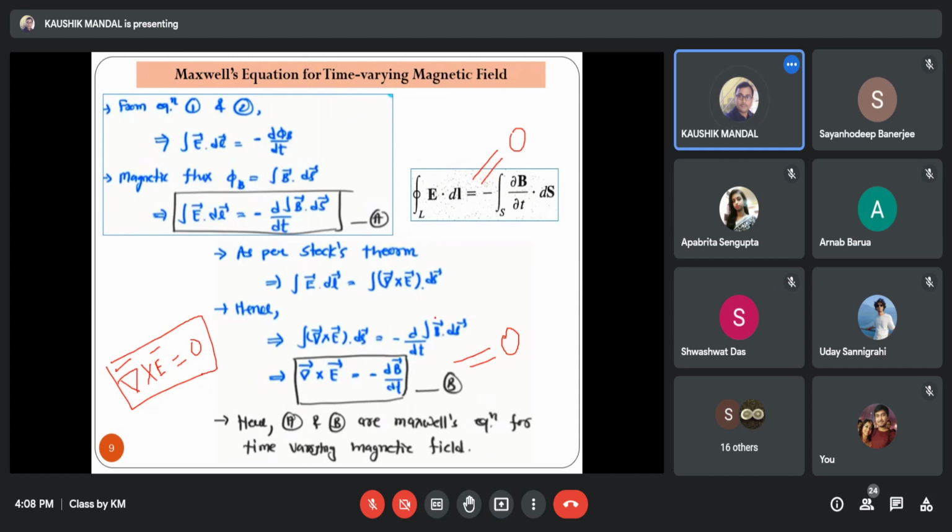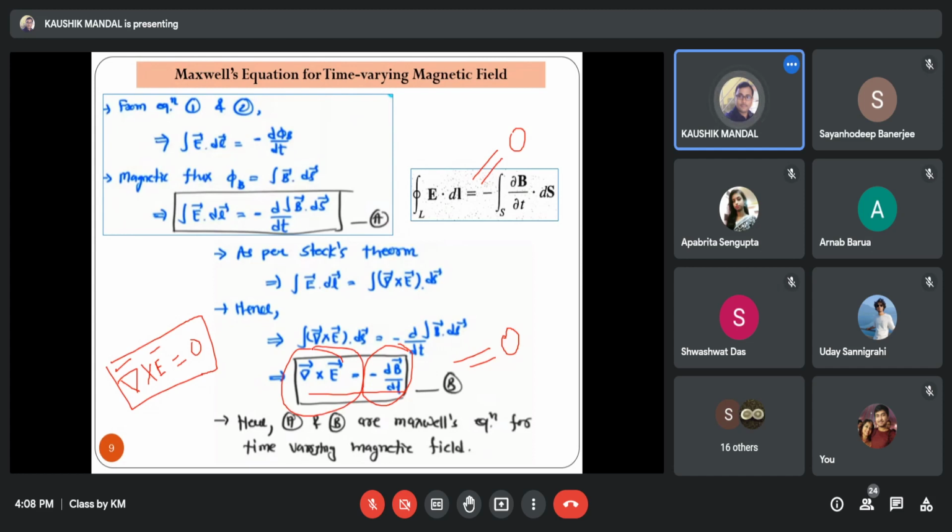Now from this new equation, what will be your conclusion? That we have already mentioned, that is basically Faraday's law. Change in magnetic flux will induce the potential.